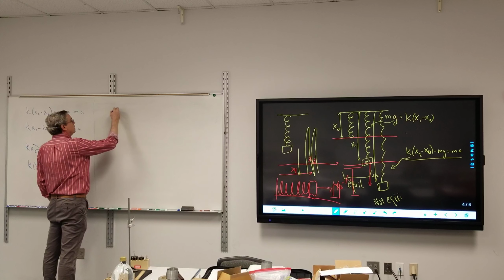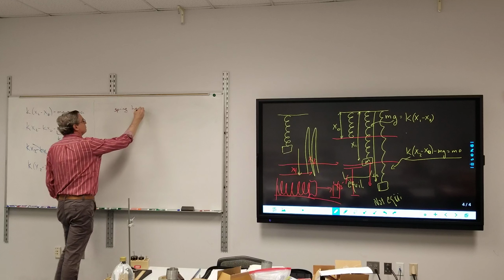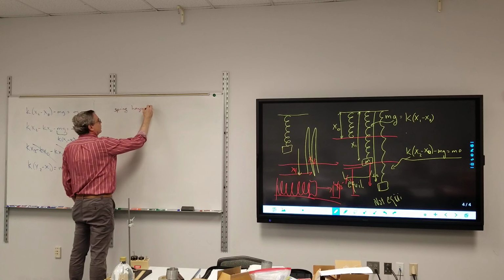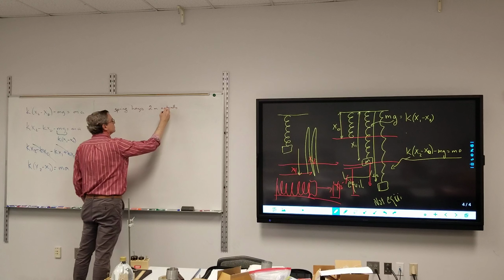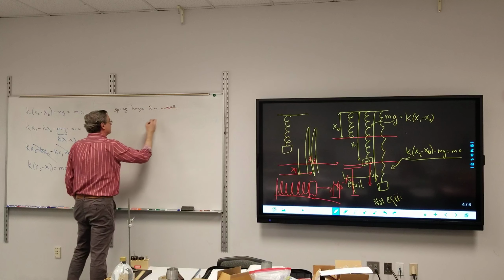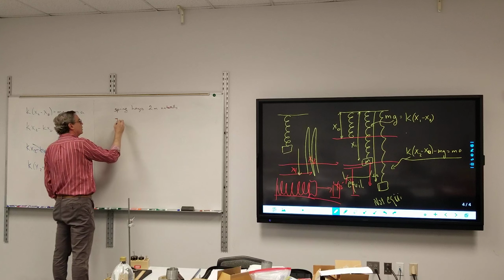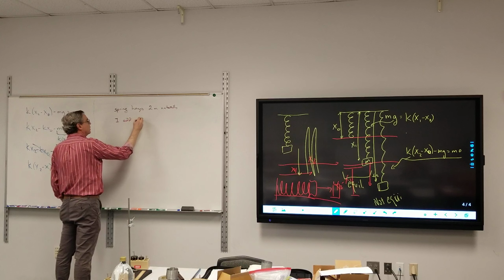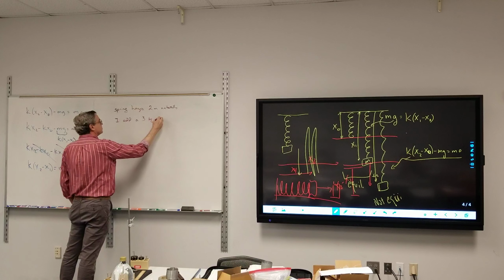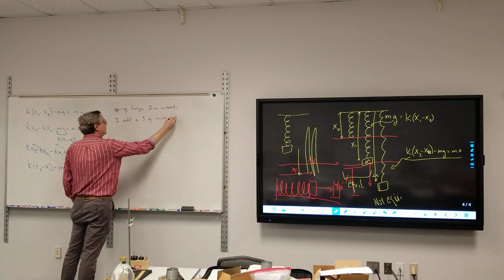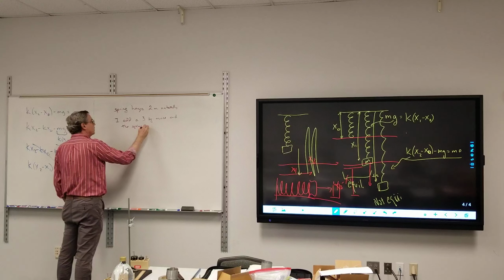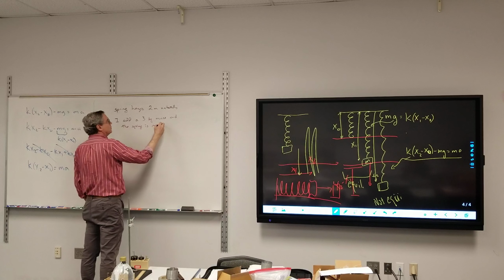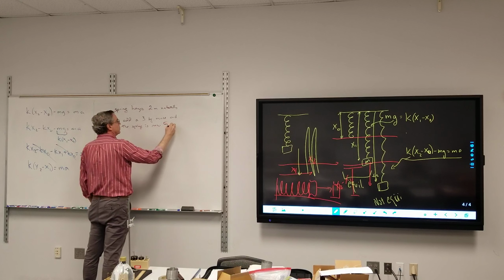So I have a spring that hangs 2 meters naturally. I add a 3 kilogram mass, and the spring is now 5 meters long.